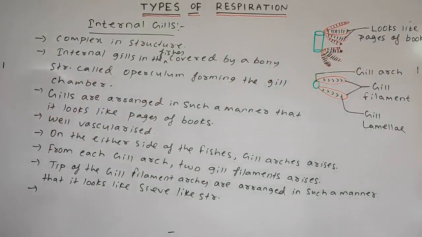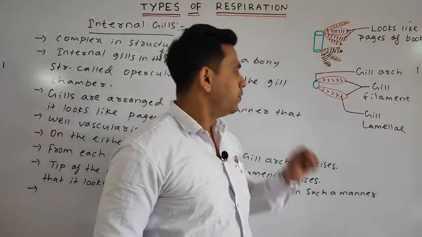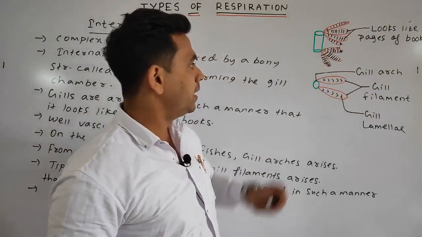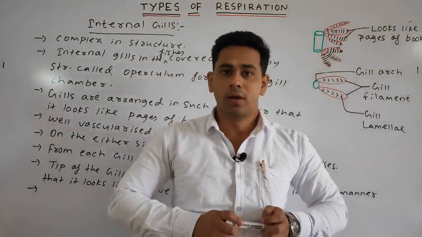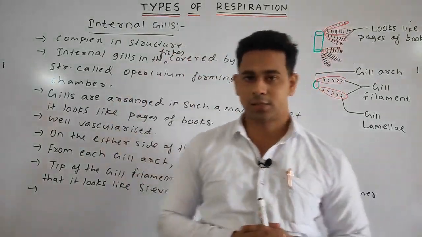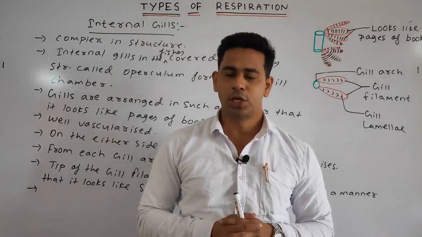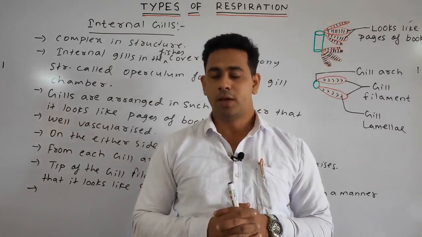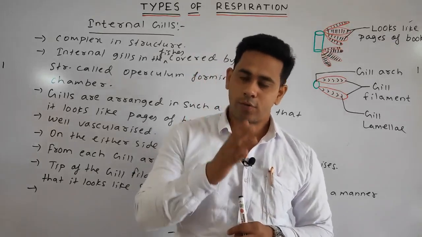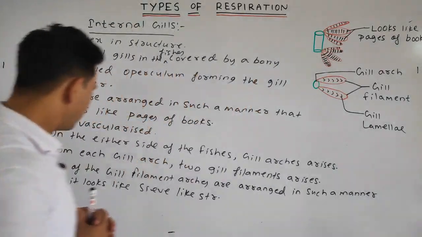Okay, next point, the gill filaments, or we can say the internal gills, are well vascularized, by which the blood flow takes place. Obviously, as the blood flow takes place and the water flow also takes place, another point is present.